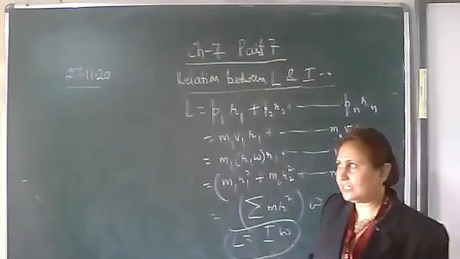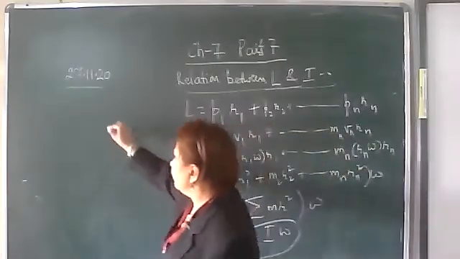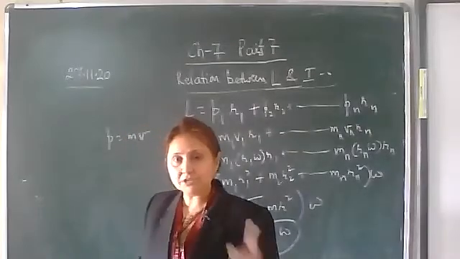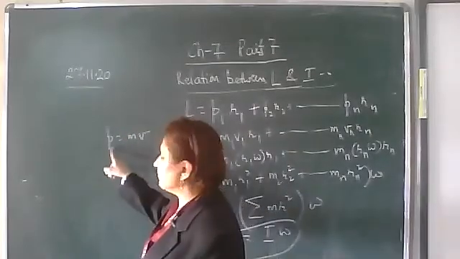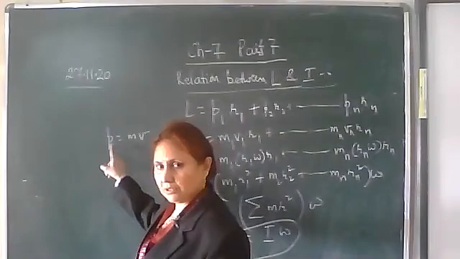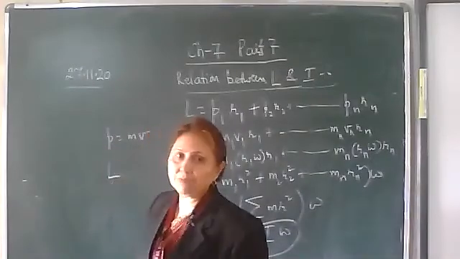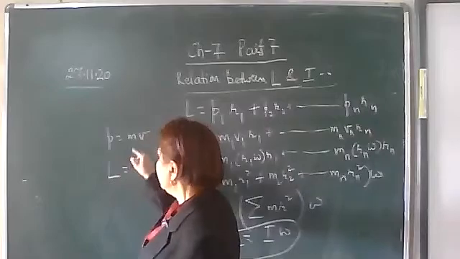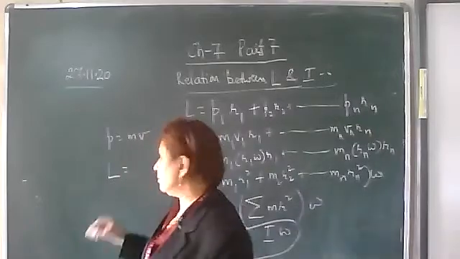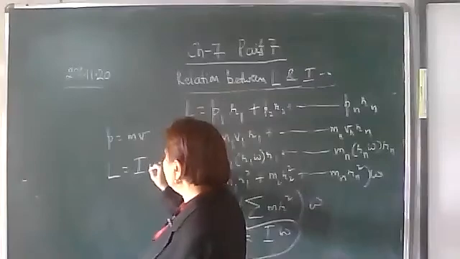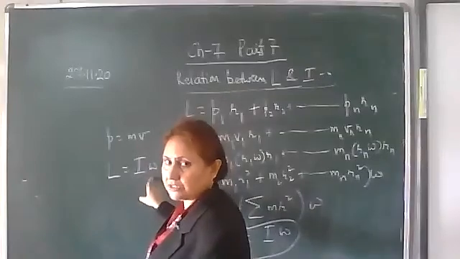In linear motion, linear momentum is equal to mass into velocity. To remember it, in rotational motion the momentum will be angular momentum. In place of mass, the analog is moment of inertia, and the analog to linear velocity is omega.